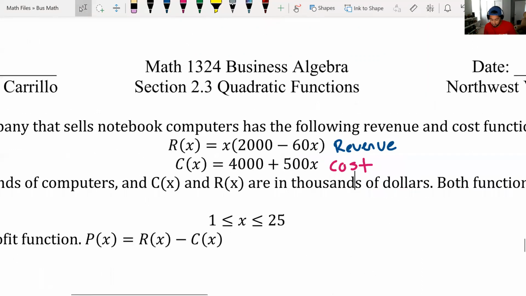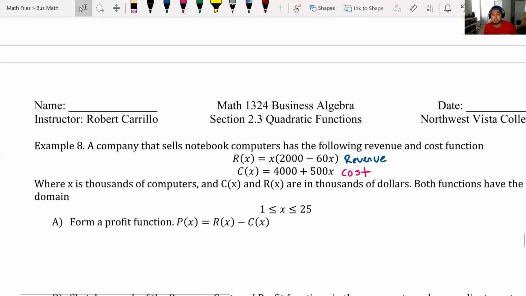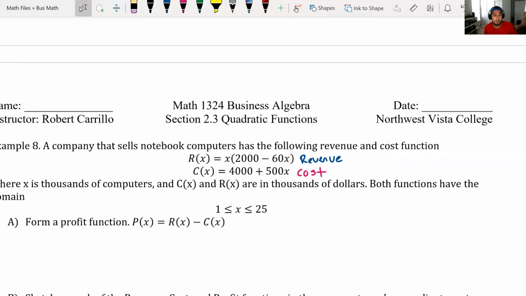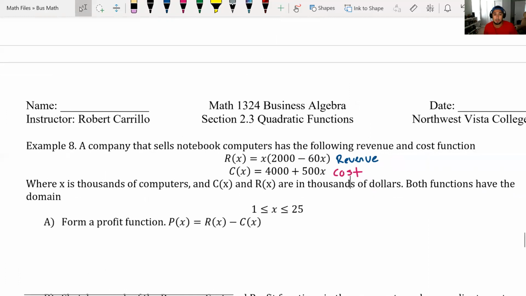C of X and R of X are in thousands of dollars, and X is in thousands of computers, and they both share the same domain. X must stay between 1,000 computers and 25,000 computers. Okay.